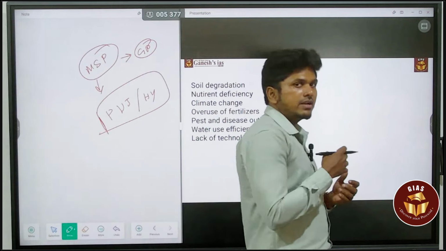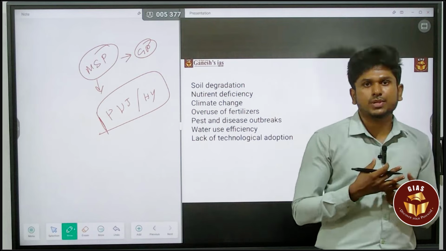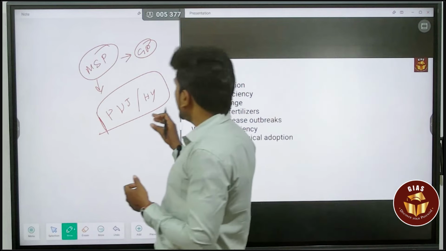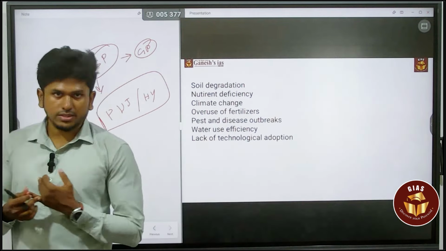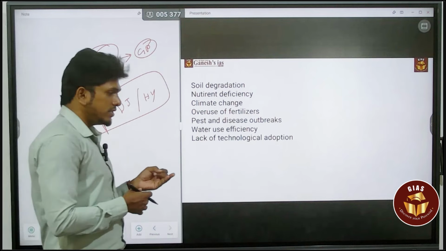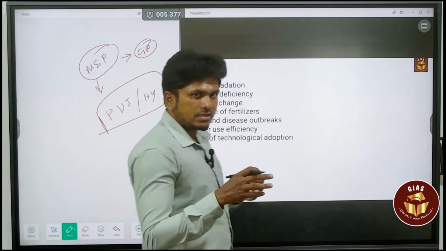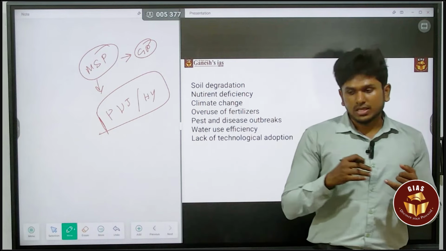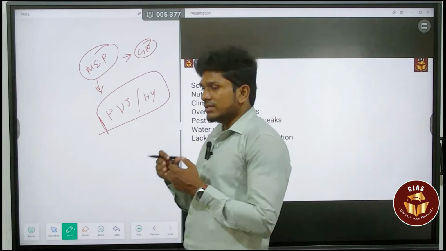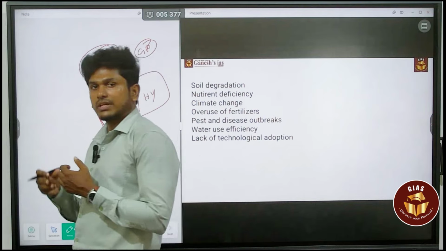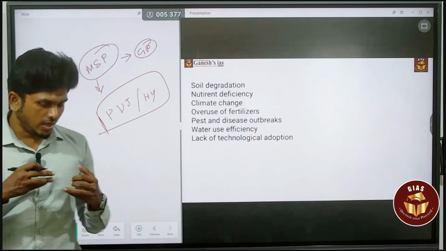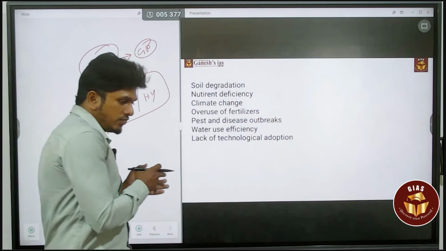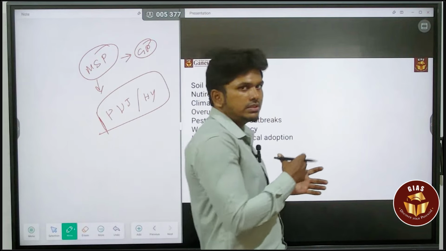The reason is indirectly connected to the government policy of MSP. That led to soil degradation and also nutrient deficiency. So these things are affecting the yield of rice and wheat. Even though India is a surplus producer of rice and wheat, in future there may be an issue with the yield factor.